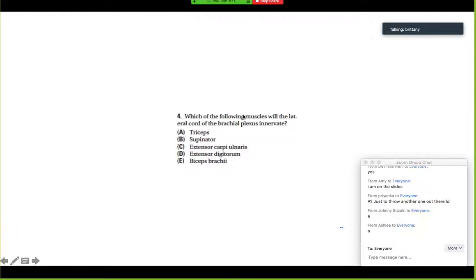Okay, next. Which of the following muscles will the lateral cord of the brachial plexus innervate? So throwing it back here.